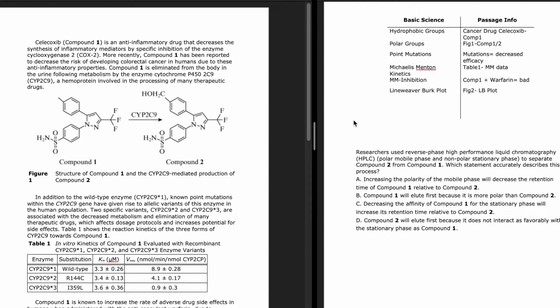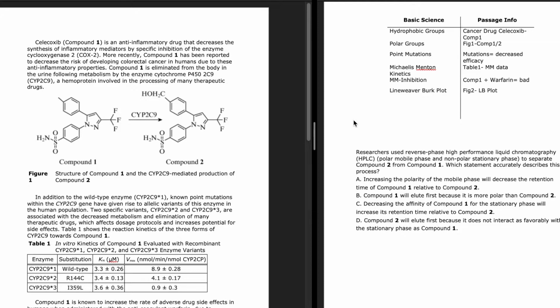Researchers use reverse phase high performance liquid chromatography, HPLC, polar mobile phase and non-polar stationary phase to separate compound 2 from compound 1. Which statement accurately describes this process? Right off the bat, I know that this is a basic science question because the passage didn't talk anything about chromatography.